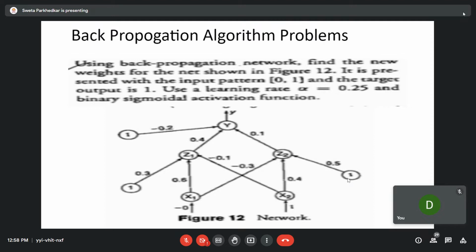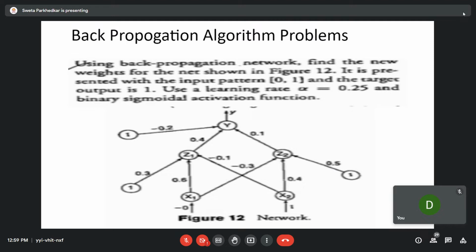That is, this is V01, this is V22, and this is V12, right? तो उसके लिए कौन कौन से आएंगे? V12 is 0.3, right? Then V22 is 0.4 and V02 is 0.5.